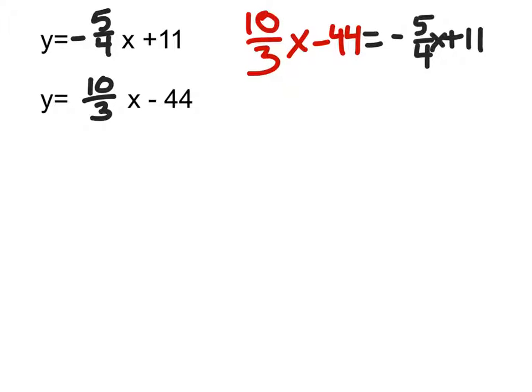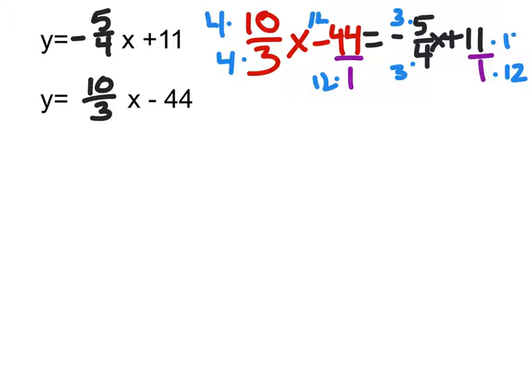All right, so let's say that we wanted common denominators, so that's 44 over 1, that's 11 over 1. What we'd want to do here is multiply all the terms to get a common denominator of 12. This 1 by 4, here by 12, the 4 by 3, so the 5 by 3 as well, and the 1 by 12. This will give us common denominators. Let's see what that looks like.